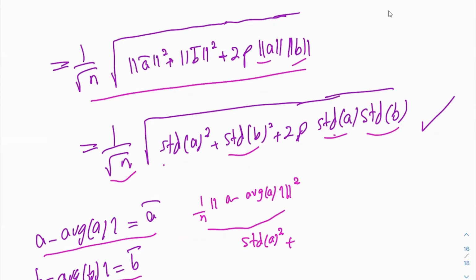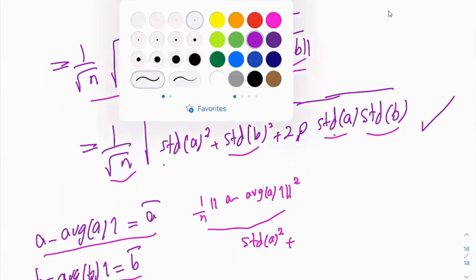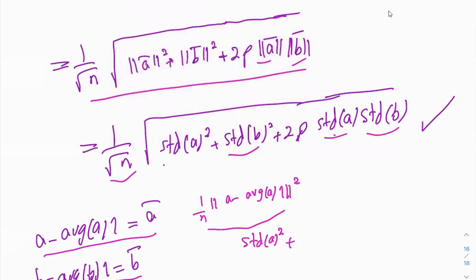Remember this one? Let me write a little bit further here. The norm of A bar is equal to the norm of A minus the average of A, and B minus the average of B. Remember, this is just equal to this.